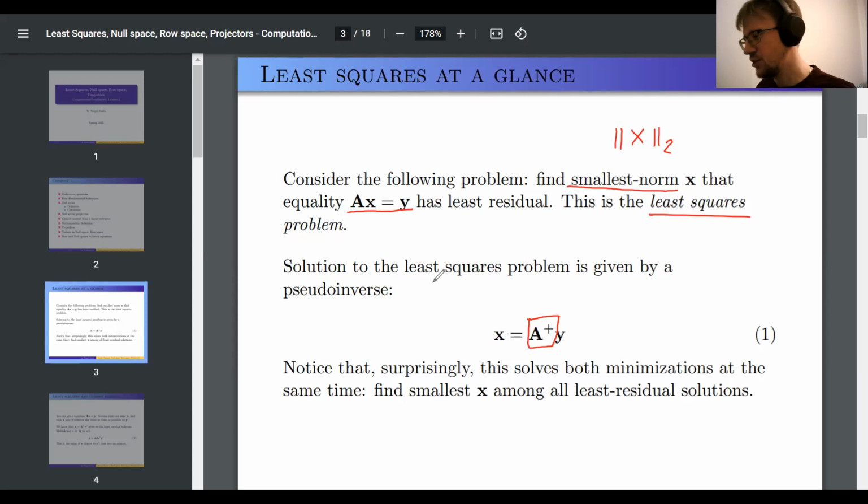One way is to say there's an explicit formula. I don't know if I want to write it from memory, I mean, never do math from memory, but I think the formula will be something like this. So this would be a pseudo inverse formula for this A plus.